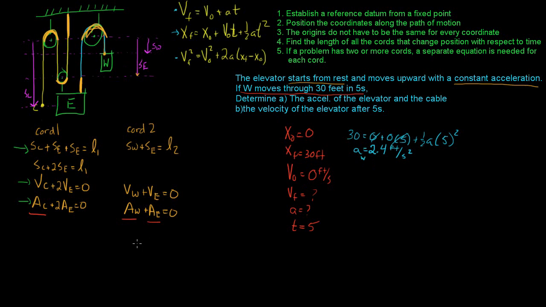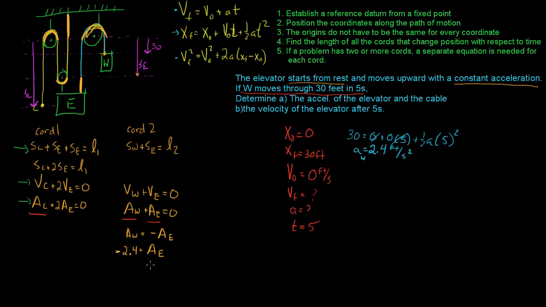This is good for us because we know the acceleration of the weight is going to be equal to the minus acceleration of the elevator. So if we have the acceleration of the weight is equal to 2.4, the acceleration of the elevator is going to be equal to a minus 2.4.